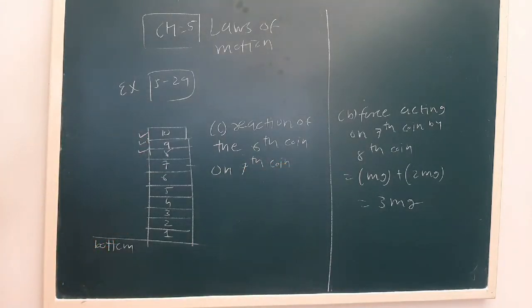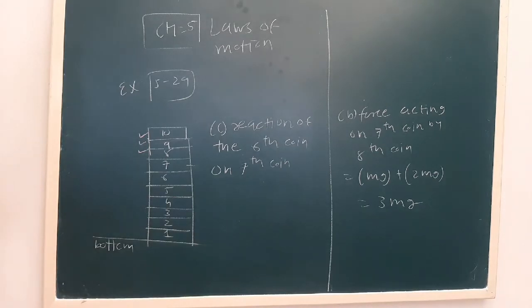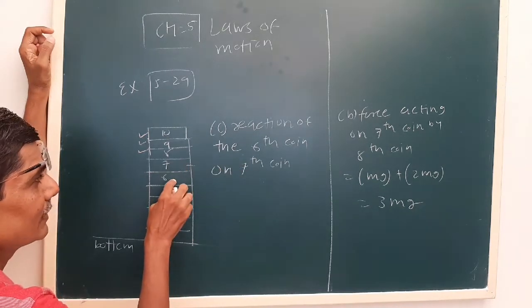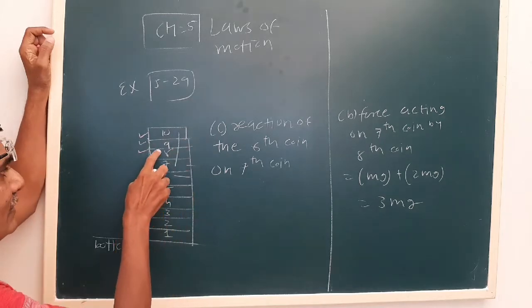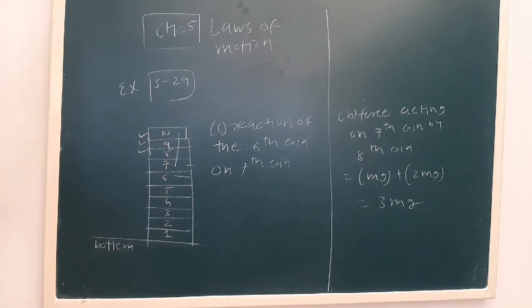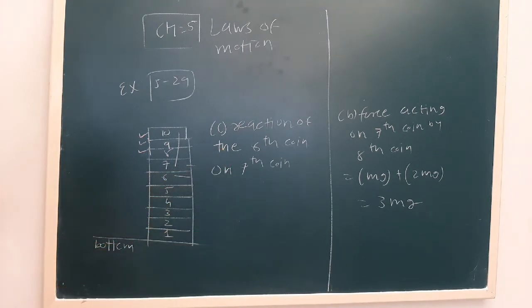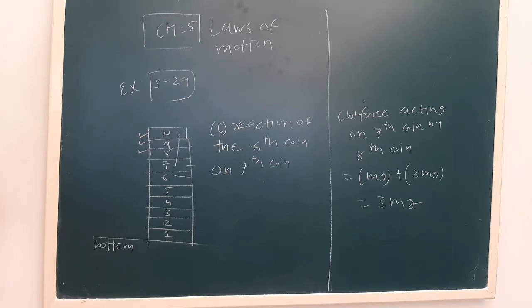Now see, we know the action and reaction. Above the 6th coin, how many coins are there? We see coin number 7, 8, 9. So the reaction of the 6th coin on the 7th coin will be equal to the force acting on it.